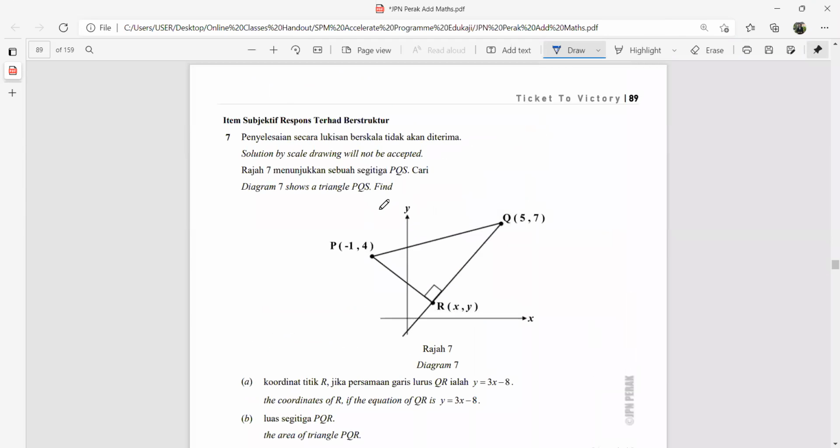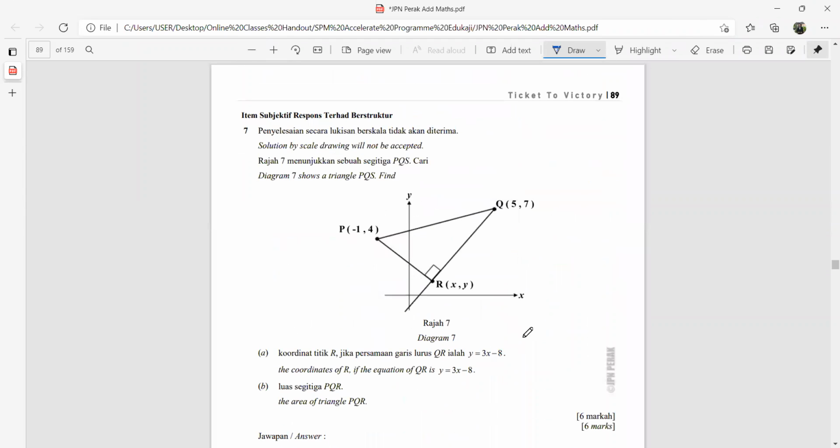Coordinate geometry. This one is easy. Please do it now.